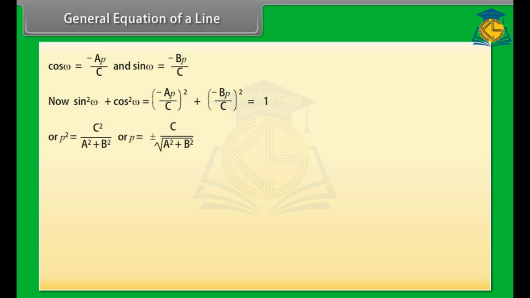Or p² = c²/(a² + b²), or p = ±c/√(a² + b²). Therefore, cos ω = ±a/√(a² + b²) and sin ω = ±b/√(a² + b²).